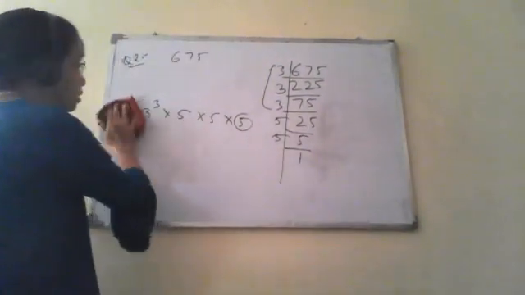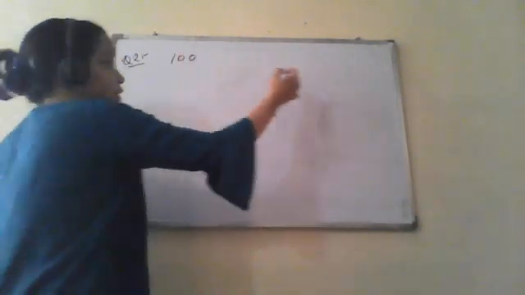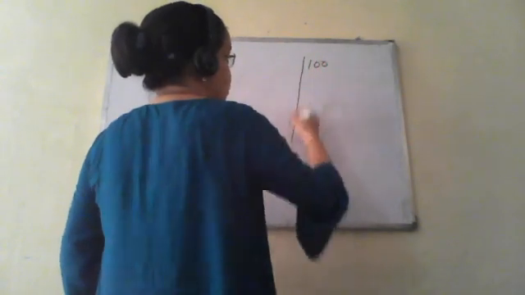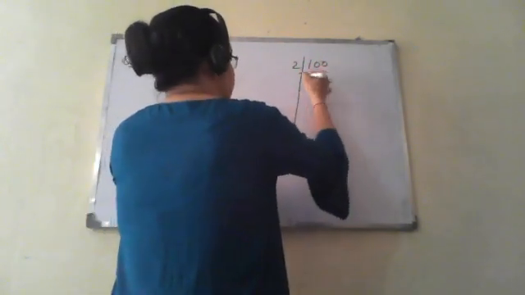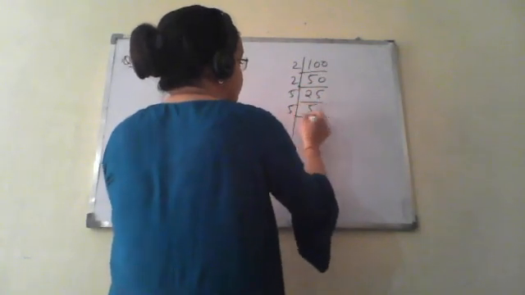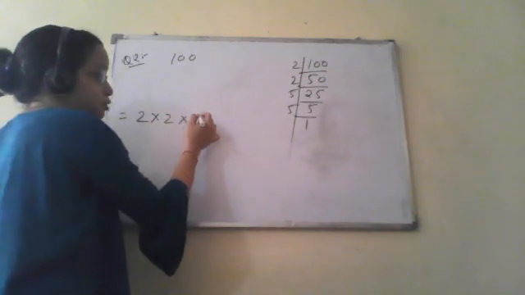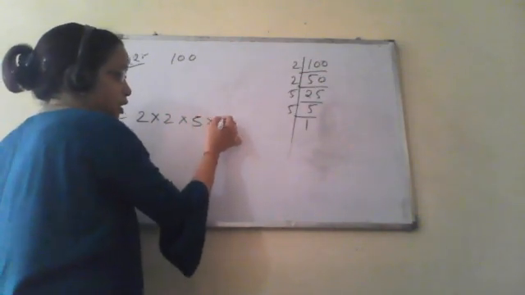Now the last part of this question is 100. So this 100 can be written as 2 into 2 into 5 into 5.